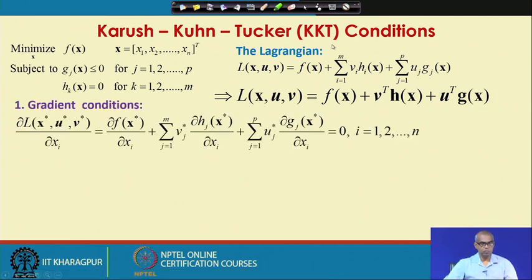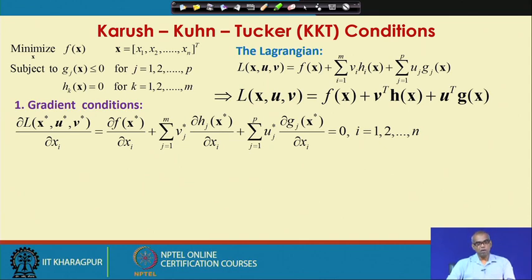Now, consider the gradient condition. So, del L del x_i is equal to 0 at the stationary point. The stationary point is x star. The Lagrangian is a function of x, u and v. x are the decision variables, u are the Lagrange multipliers for inequality constraints and v are the Lagrange multipliers for equality constraints.